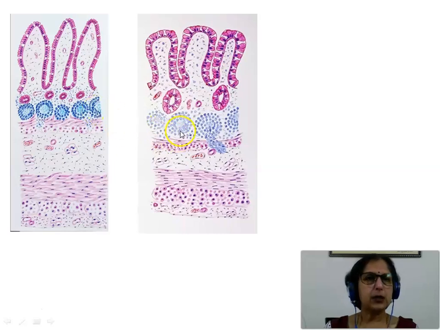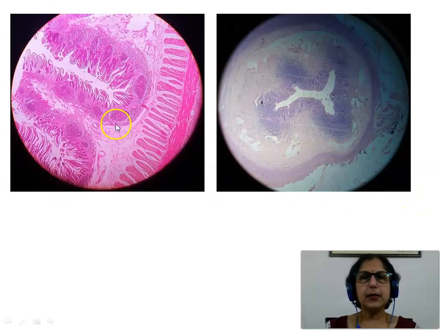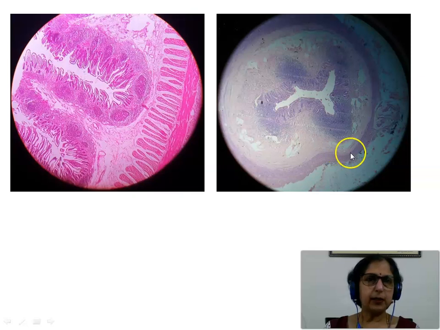So these are the characteristic features which help us to differentiate between a slide of ileum and a slide of vermiform appendix. Thus, we see the low power views of the H&E stain slides of ileum and of appendix.